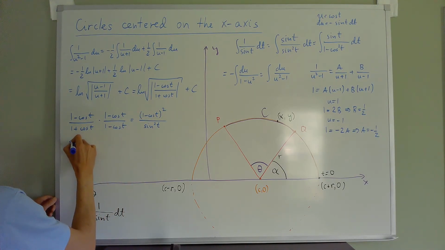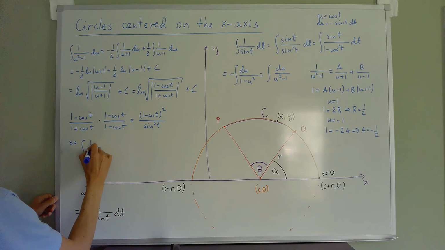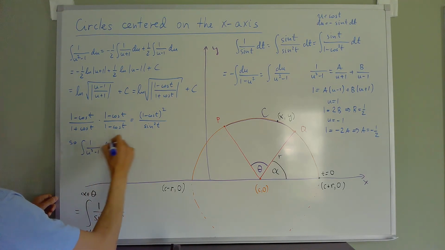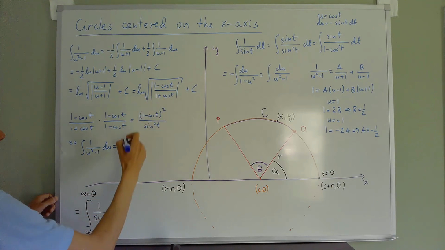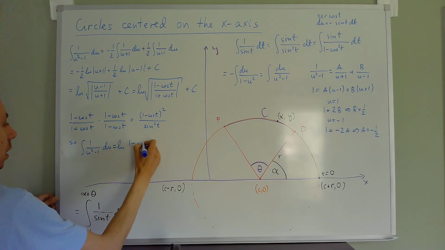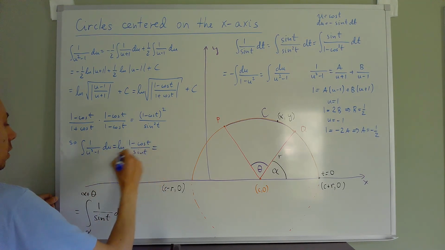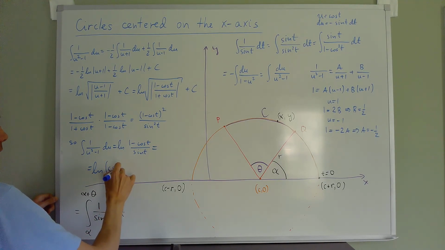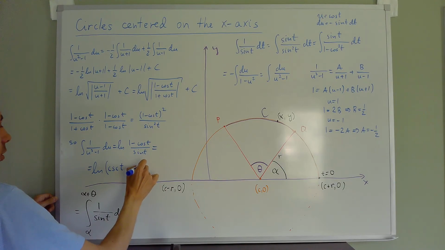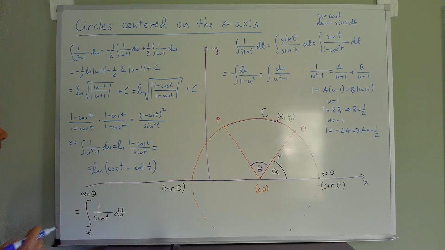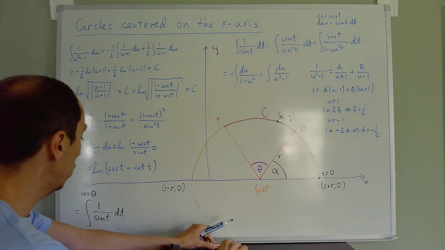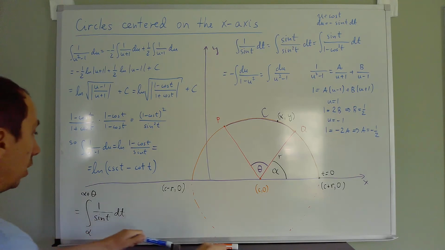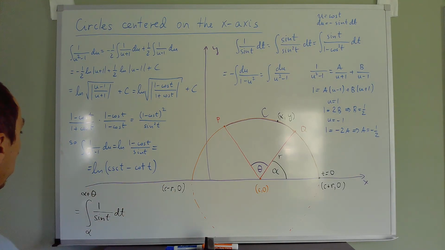So the integral of 1 over u squared minus 1 du is equal to natural log radical of that, so that's natural log of 1 minus cosine t over sine t, which is the same as the natural log of 1 over sine t, that's cosecant, minus cotangent. Okay, enough of that calculus. That calculus just gives me the value of this integral, so this is the antiderivative here.